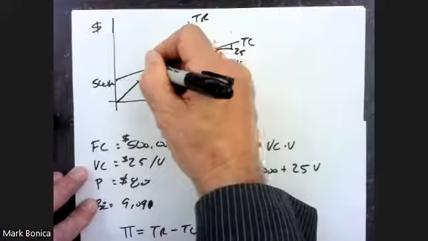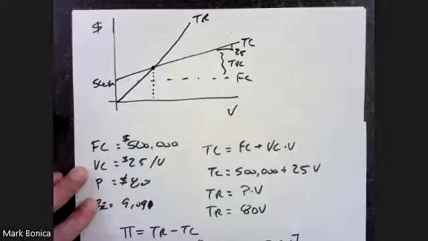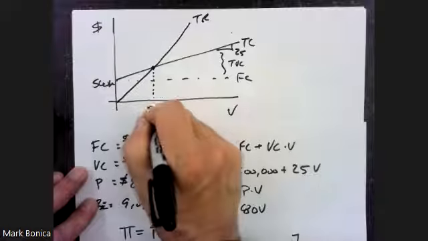What's this? What's that volume? 9,091. 9,090, 9,091. It's not 9,099 apparently. Okay, well, I'll go with that. And what do I call that? Break-even volume.